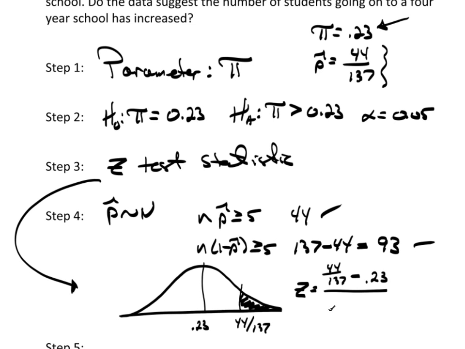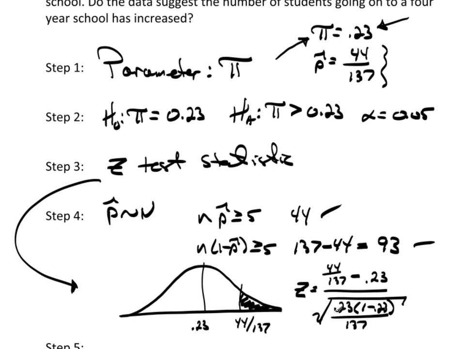The standard deviation is based on the null hypothesis. So that's going to be the square root of 0.23 times 1 minus 0.23, divided by n, which is 137. And then this will actually give me the value of z.